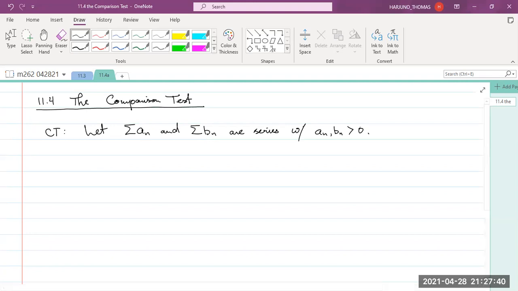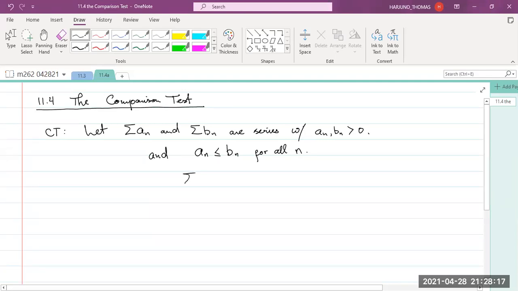Now, if A sub n is less than B sub n for all n. Consequently, of course, if you have that term by term, B sub n is greater than A sub n, then the infinite sum will be also like this, right? Is it right?